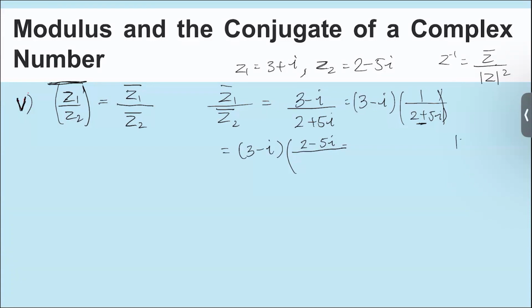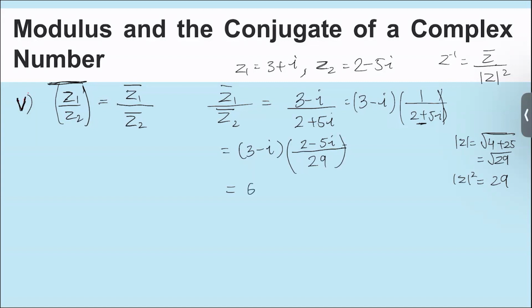Okay, so if you just find the modulus on the side, you have 4 plus 25. Obviously, that is 29. So the square of this would be 29. So you can directly write it upon 29. Okay, so now you multiply your numerator.